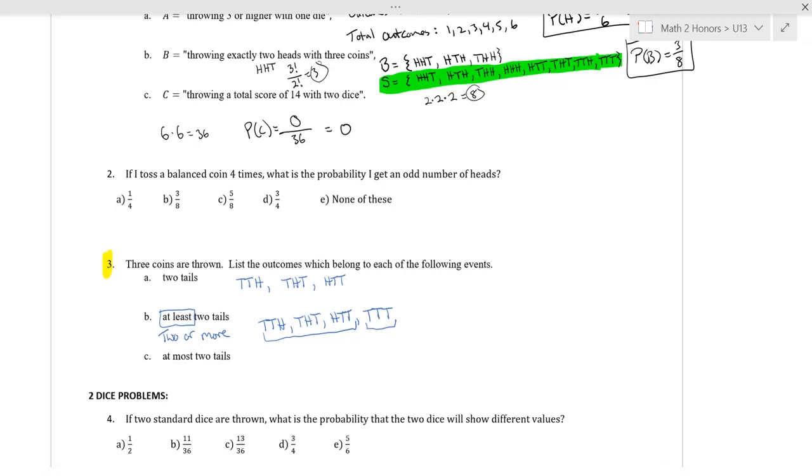At most means that much or less, right? So you include the 2, and you go less. So you can say no more than 2 or 2 or less. Okay. So again, I'm going to list the 2. So we got, these are the cases with 2 tails.